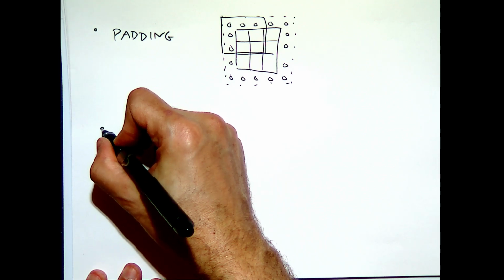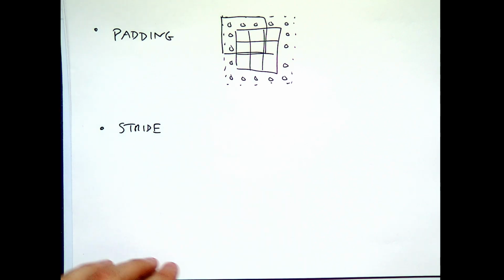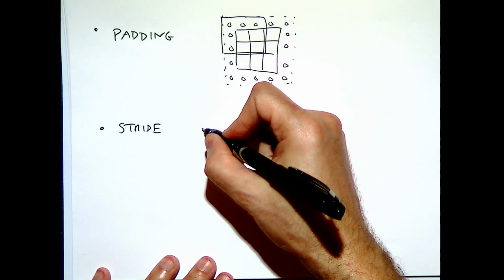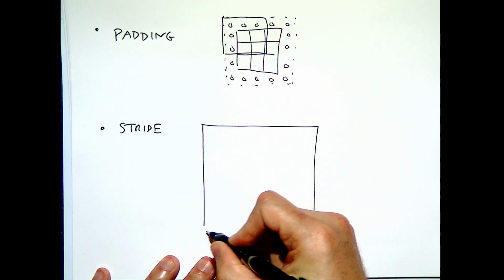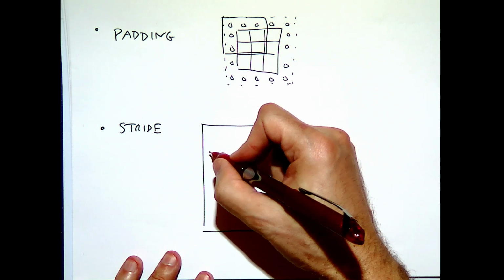And that's often what you want to do. Another issue is what's called stride. When we're doing convolution in image processing, typically we're running that filter across the entire image, right? But there are sometimes reasons why I don't want to apply the filter at overlapping areas. So suppose this is my filter.